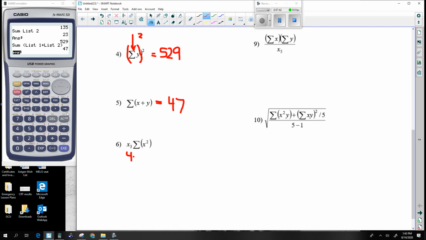Times the sum of x squared. So the sum of x squared. Ooh, should use parentheses, my bad. Sum of x squared. So ultimately, this is 4 times 146.